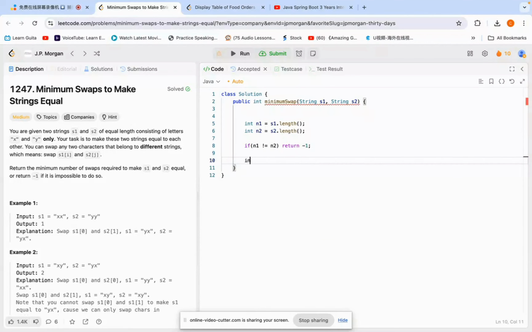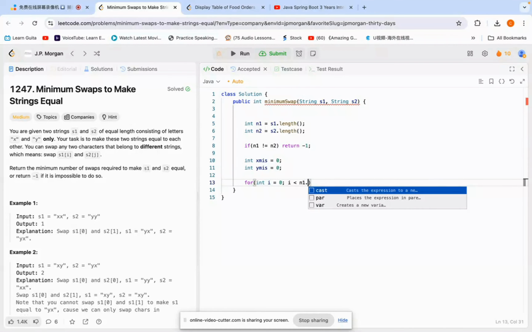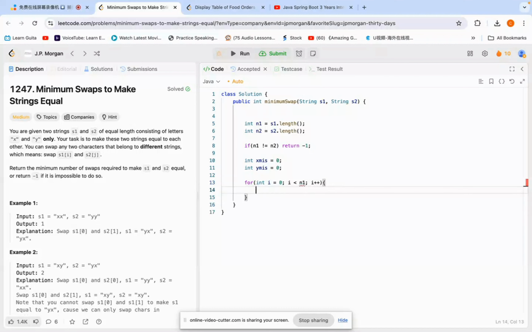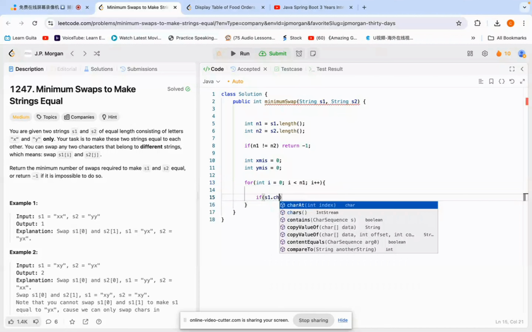We also need xMiss equal to 0 and yMiss equal to 0. Now we need to go through this one, because both strings are the same length, right?